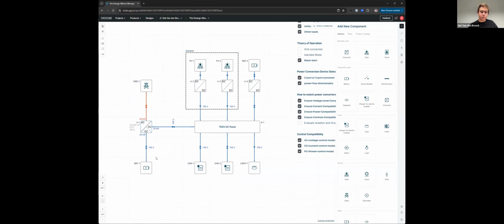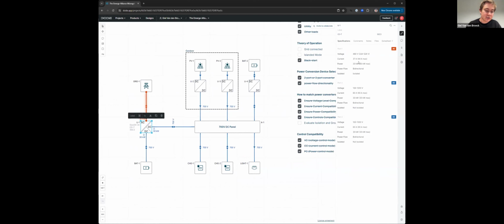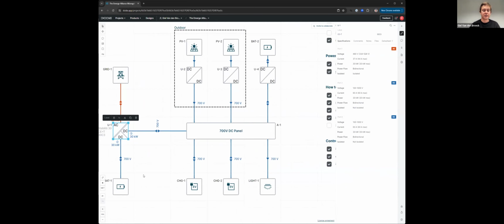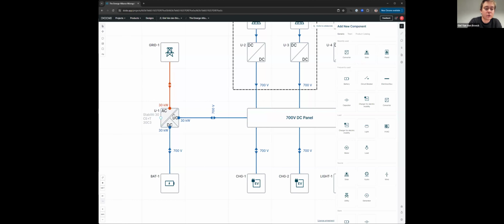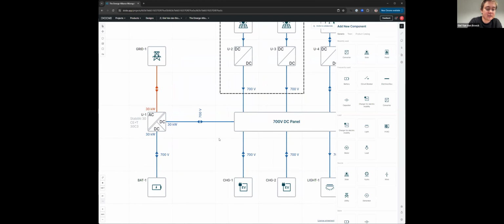As you do that, you notice that all the specifications of this component will be stored with your design. So power and voltage, as we already displayed, but also, for instance, the isolation of this converter. This converter is isolated on the AC side from the DC side. That's represented by the double line in the diagram.